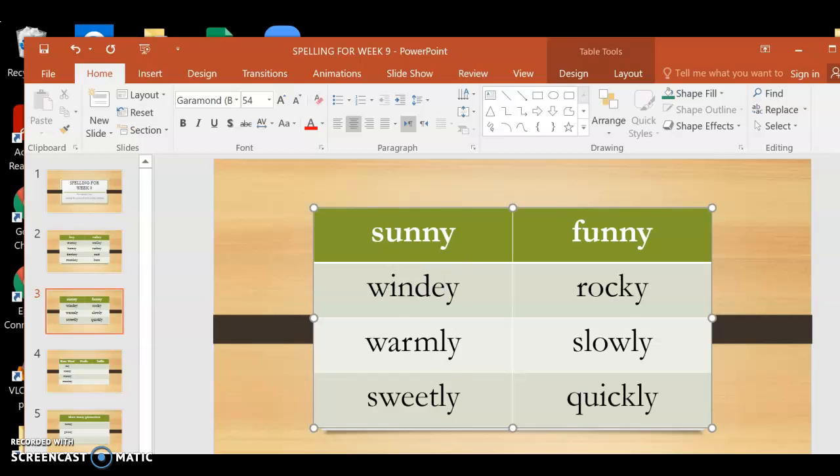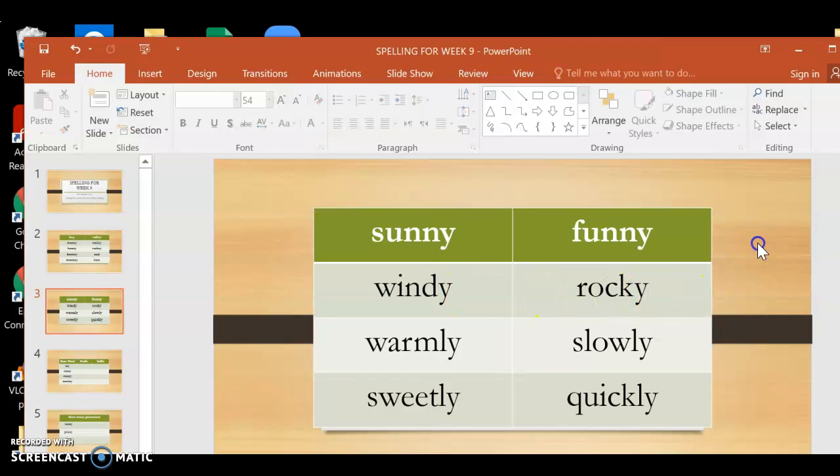Does the EY work there? No. So these are words that have Y on the end, make the same sound as EY, but we don't spell them with an EY. Sunny, windy, warmly, sweetly, funny, rocky, slowly, quickly. There are lots more words, but these are just examples.